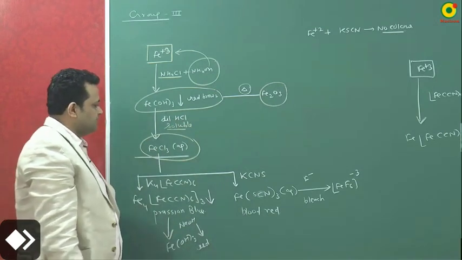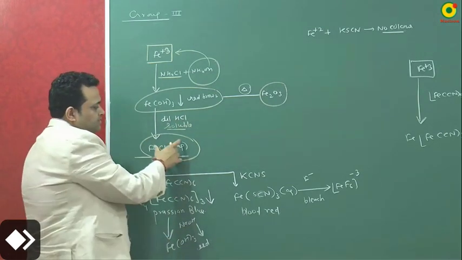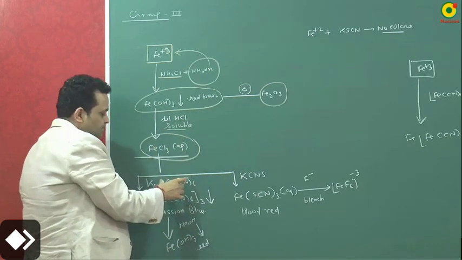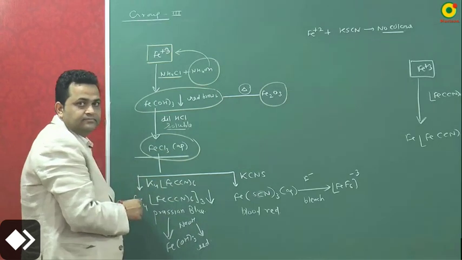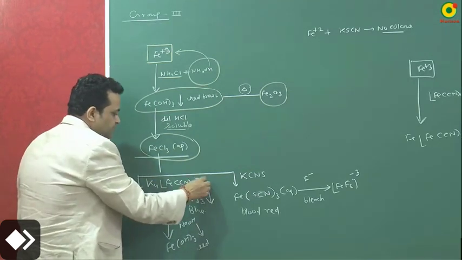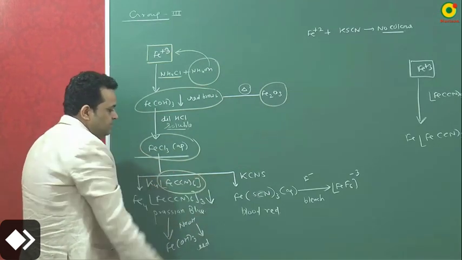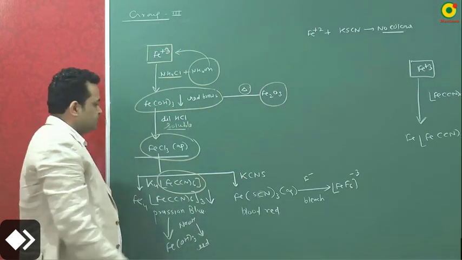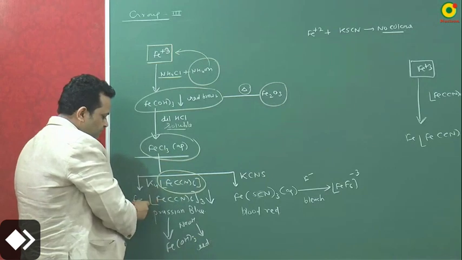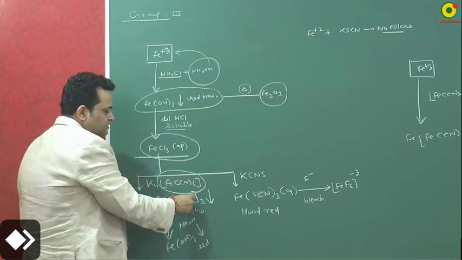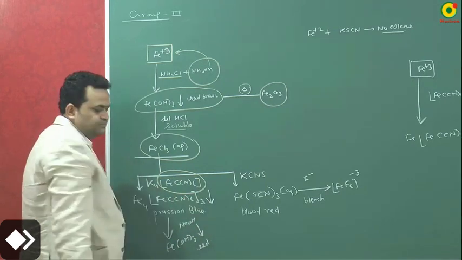Now for confirmatory test, we can divide this solution into 2 parts. In the first part, we can add potassium ferrocyanide. Potassium ferrocyanide has an ion with -4 charge. So Fe+3 and this ion will combine to form Fe4[Fe(CN)6]3.